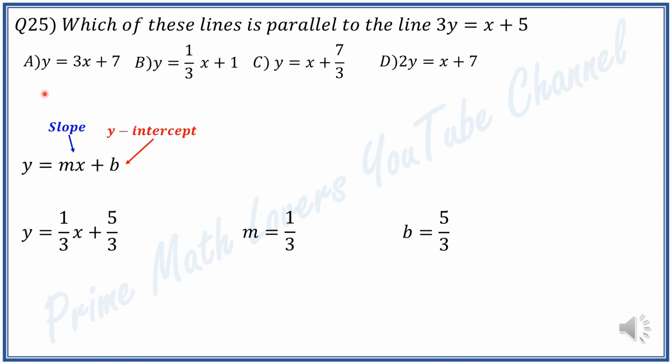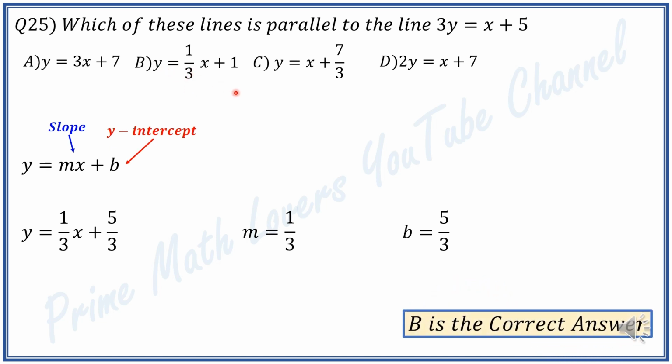In the given equation, 3y is equal to x plus 5, the slope is 1/3. Thus, the equation in option B is the only one that shares this slope value, 1/3. Consequently, option B is the correct answer.